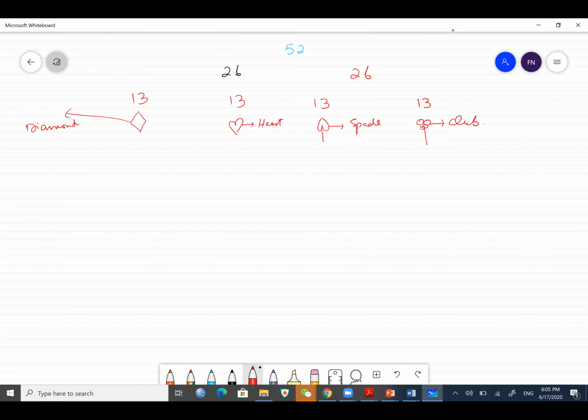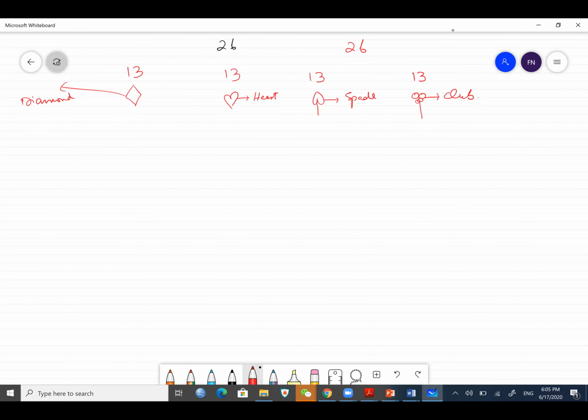Now, after this, we have a card with number 2. This card number 2 has 4 cards in total.